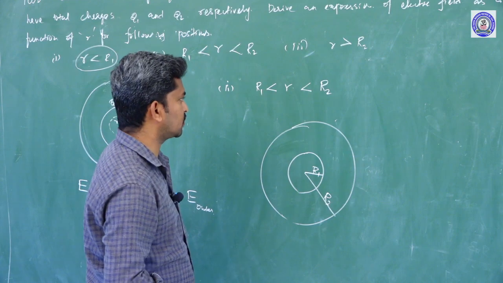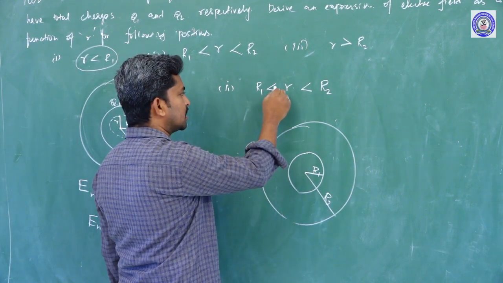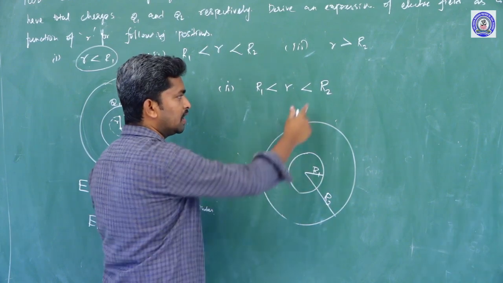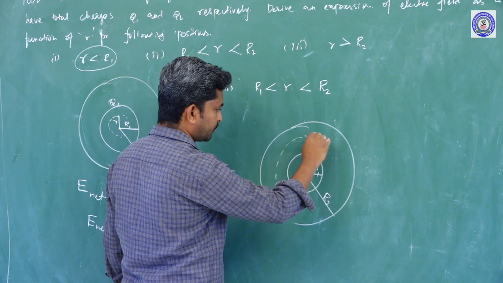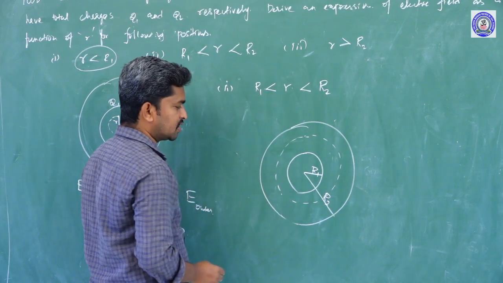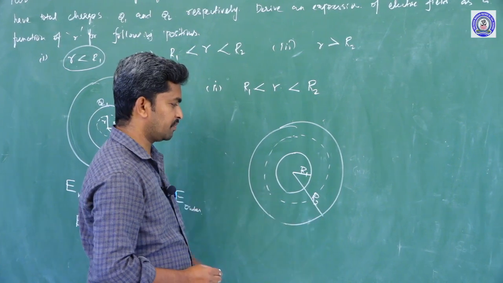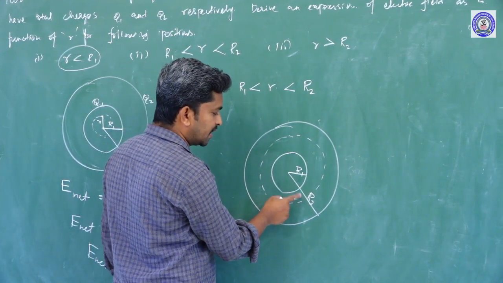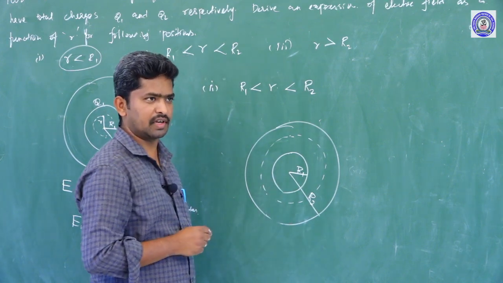Consider the Gaussian surface of point r greater than r1 and less than r2, which means the point considered here lies between the inner sphere and outer sphere, which means outside of the inner sphere and inside of the outer sphere. It is very important.